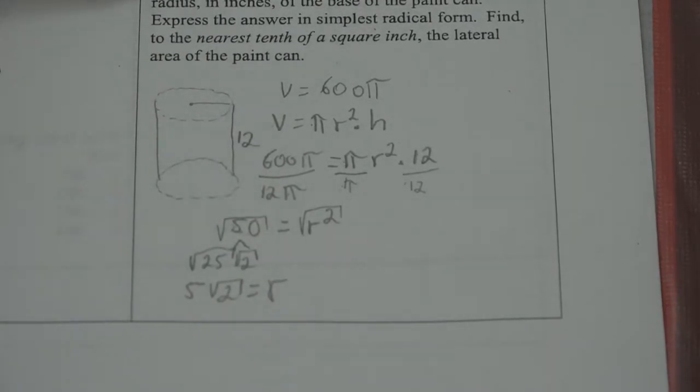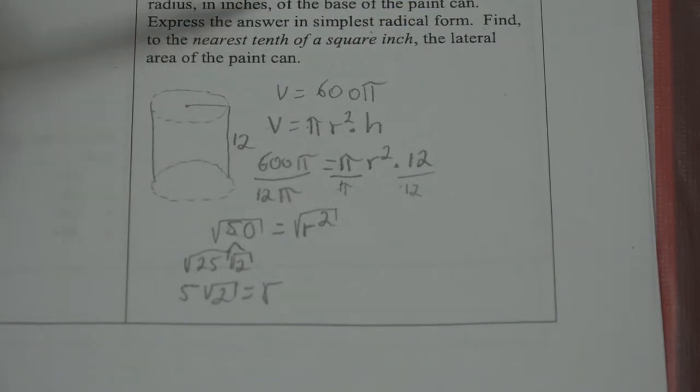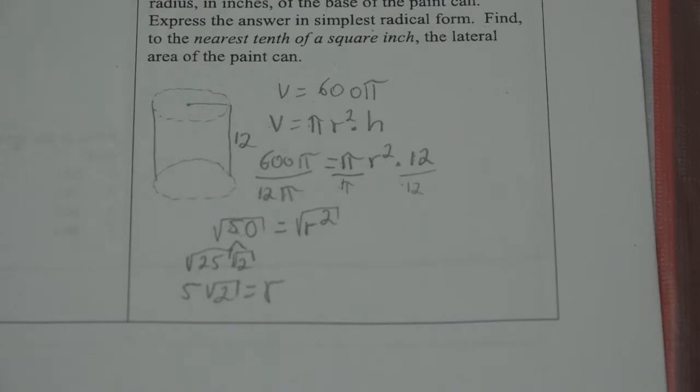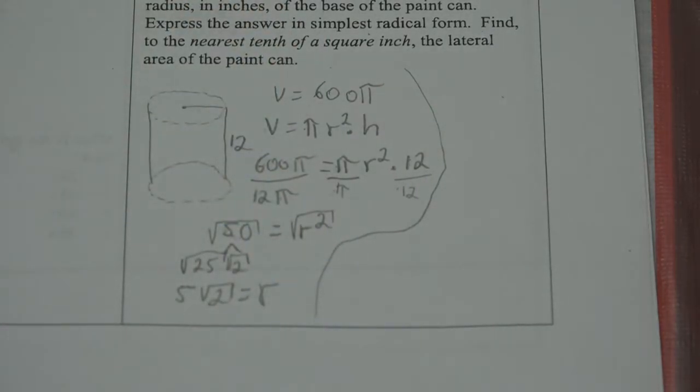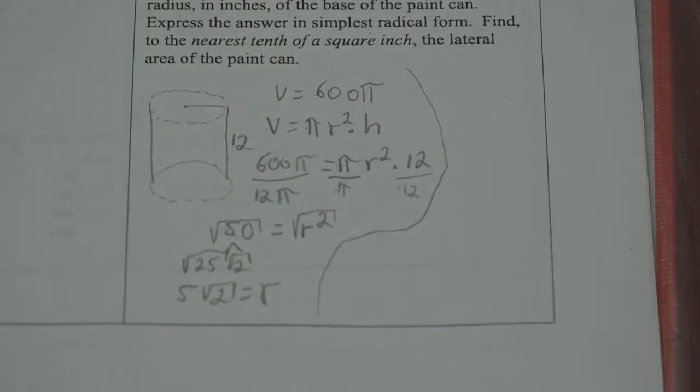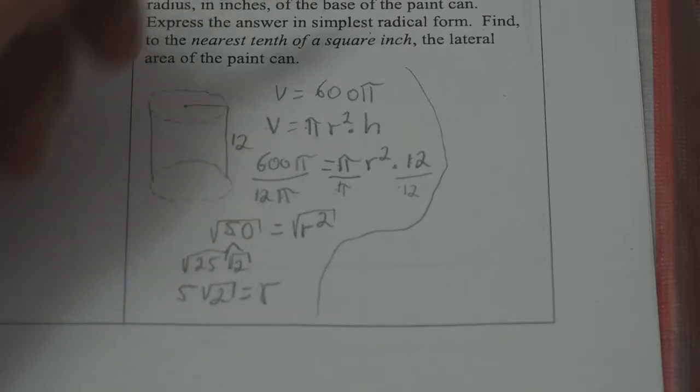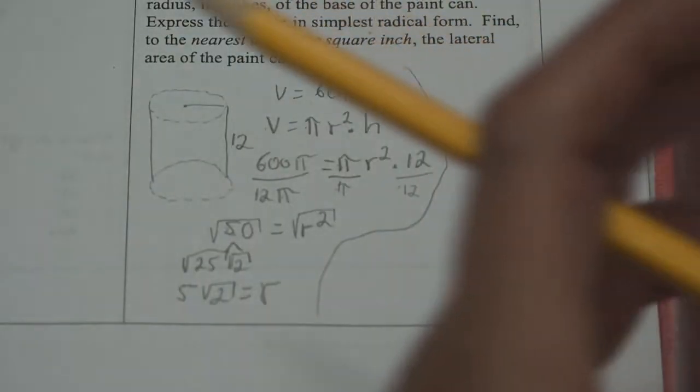Now they want me to find the lateral area to the nearest tenth of a square inch. How do I find the lateral area of a cylinder? You go back to your reference sheet, and you figure out that the lateral area is the area of the rectangle that wraps around the can.